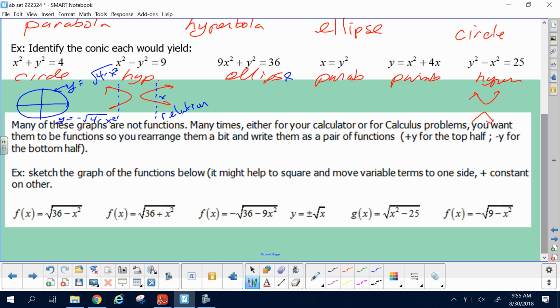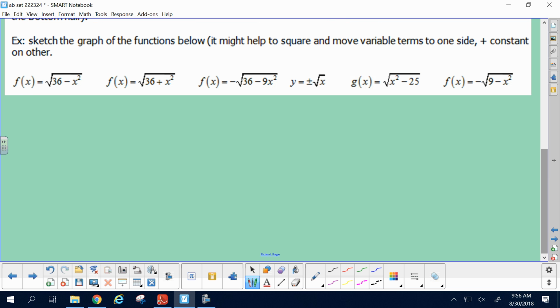Now, each of those individually, is that a function? Does that pass the vertical line test? Yeah. Does that guy by itself pass the vertical line test? Yeah. So by rewriting them into two pieces, they are now functions, and that opens a lot of doors for us later, you'll see. You need to recognize, then, graphs that are conic sections rewritten in function notation.